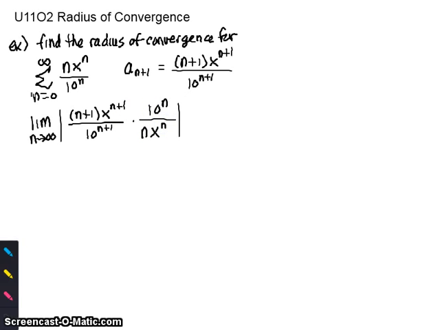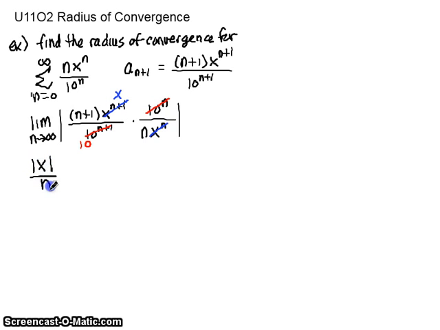And now we can try to simplify some things to make this look a little bit nicer. We have a 10 to the n and a 10 to the n plus 1, so that's going to leave us with just a 10 in our denominator. We have an x to the n plus 1 in the top and x to the n in the bottom, so that's going to leave us with just an x in the numerator. Just like when we were doing our ratio test, we can take that x over 10 out front because that's not going to make any difference on our limit, since we're only plugging infinity in for n.